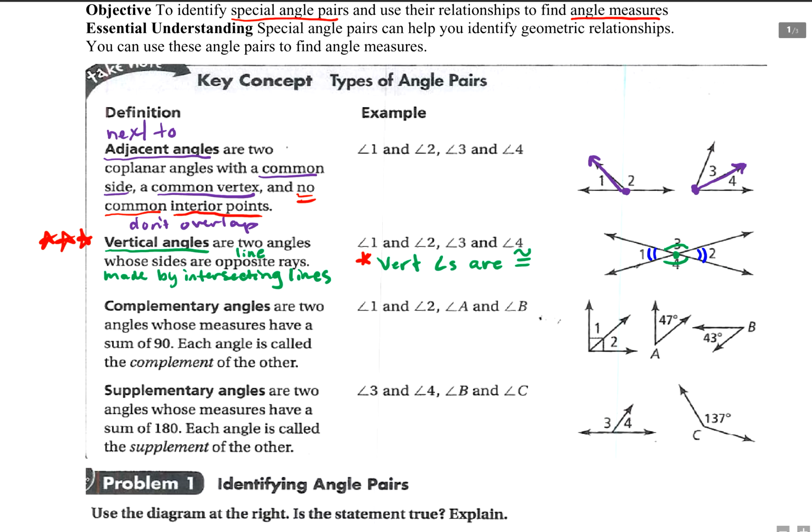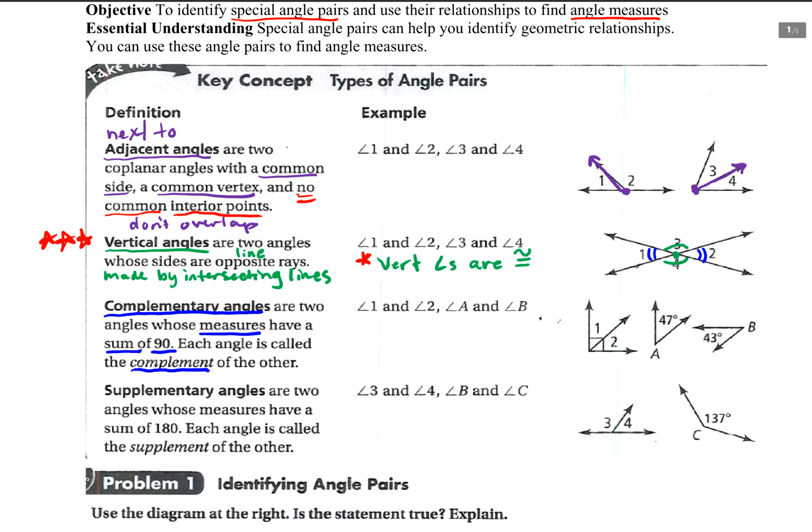Next on our list are complementary angles. Complementary angles, you've probably run into these before, are two angles whose measures sum to 90 degrees. These angles are complements of each other.